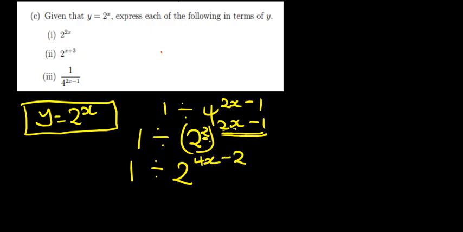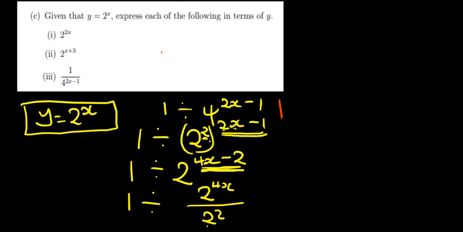So this is correct now, and this will be the same as 1 divided by, since we are subtracting the powers, it means we were dividing two expressions with the same base. So this is the same as 2 to the power 4x divided by 2 to the power 2. We see that the bases are the same, so we are subtracting the powers.